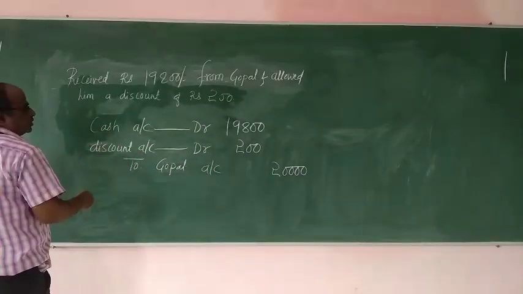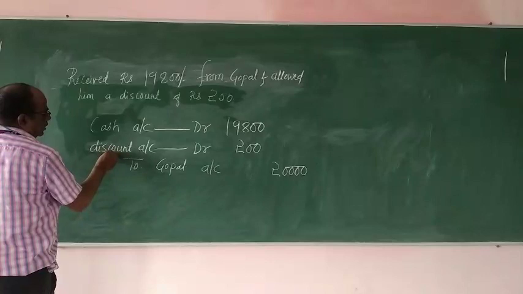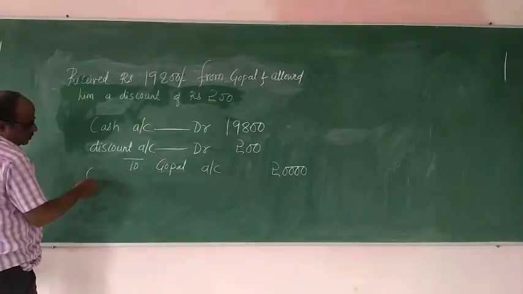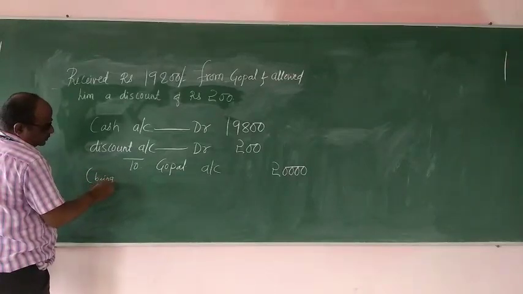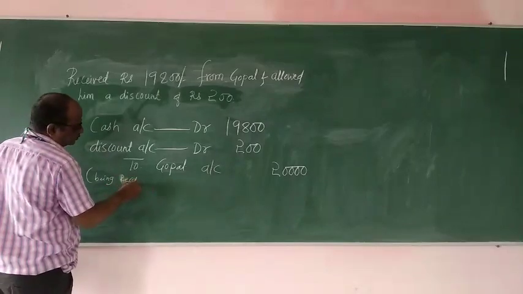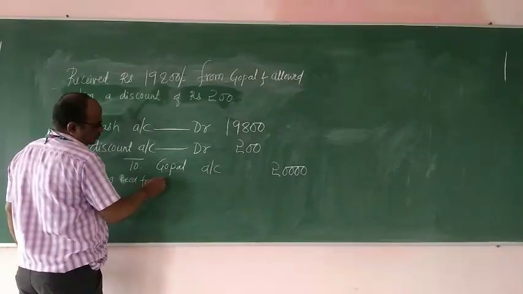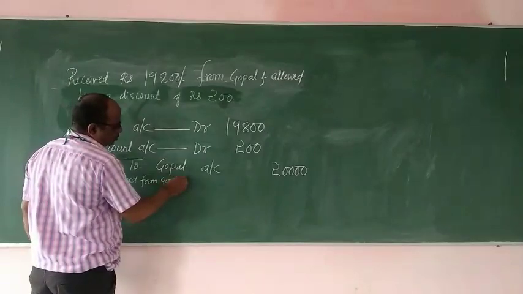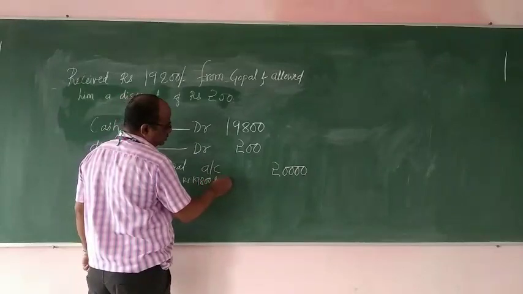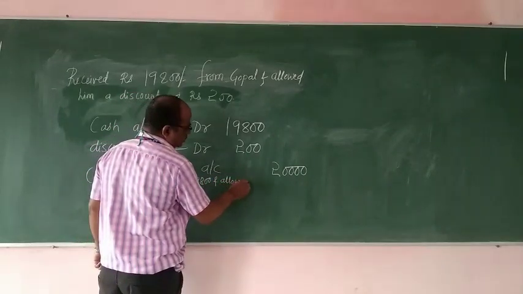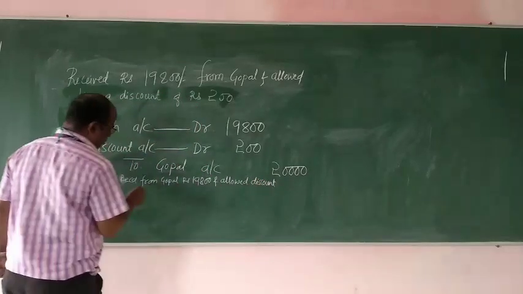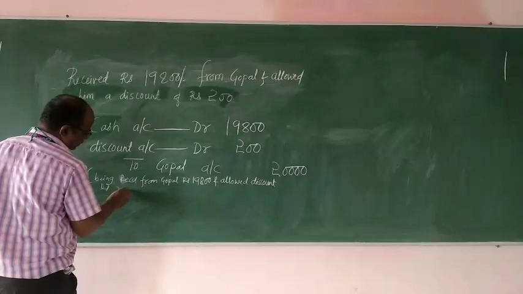You are receiving cash how much? 19,800. And 200 you have allowed what? Discount. This is called as what? Discount allowed. So being received from Gopal rupees 19,800 and allowed discount rupees 200.